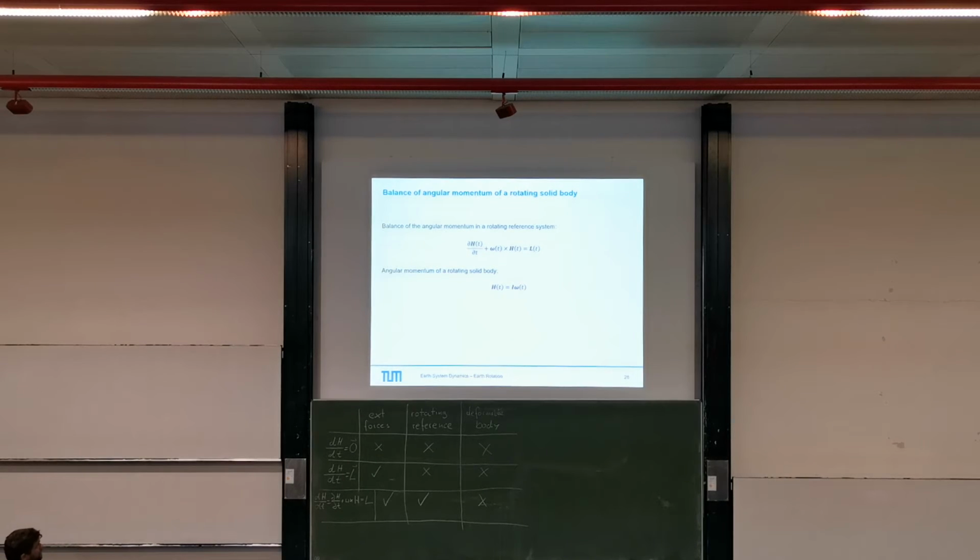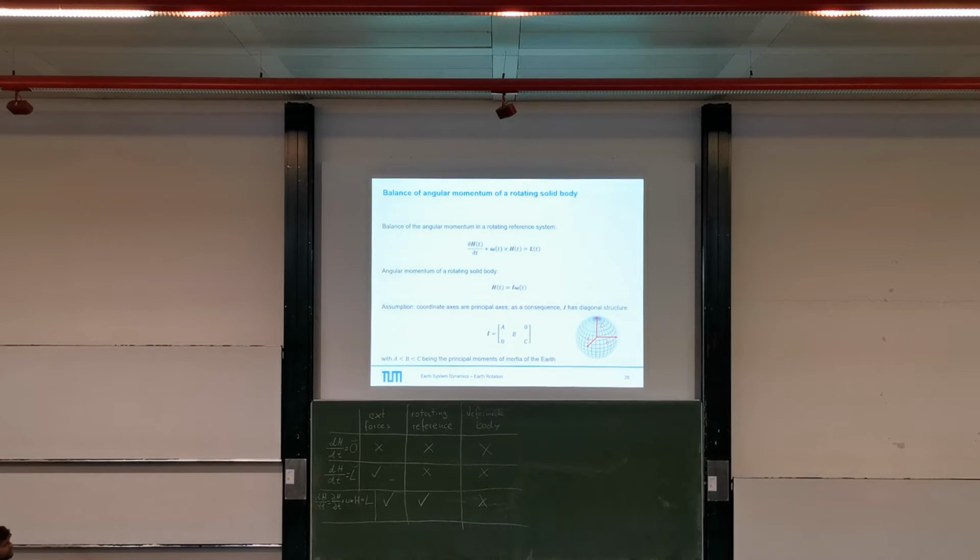Okay, so we now have everything. The balance of the angular momentum in the rotating reference system, this equation from the slide before. The angular momentum of the rotating solid body is equal to this. Capital H is equal to I, the tensor of inertia, times the angular velocity of all the mass elements.